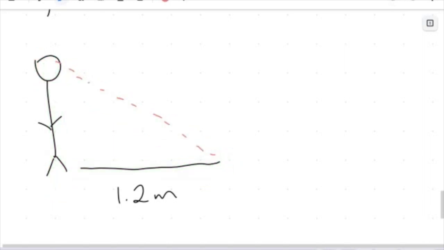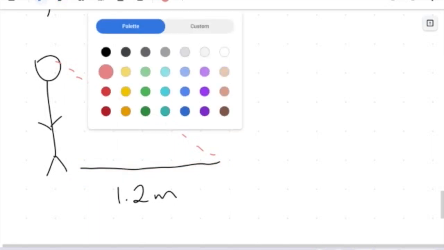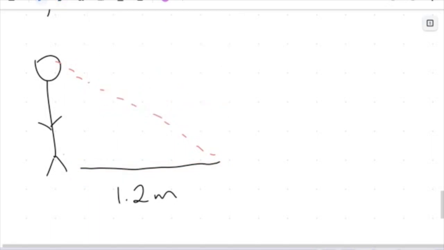And because he is standing kind of vertically upright and the ground is horizontal, he makes a 90-degree angle with the ground. Now this will usually be given in your questions anyway.